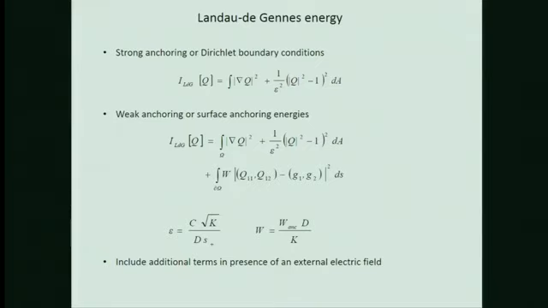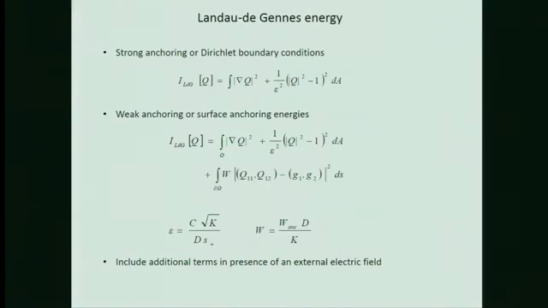Now the epsilon that you see here is like a penalty term, so it's familiar to people who work on Ginzburg-Landau theory. I should say that everything has been rescaled here. This is all dimensionless, and I'll talk about the rescalings in a minute. But the epsilon is really just a penalty term, and it's related to a characteristic defect size, the nematic correlation length.